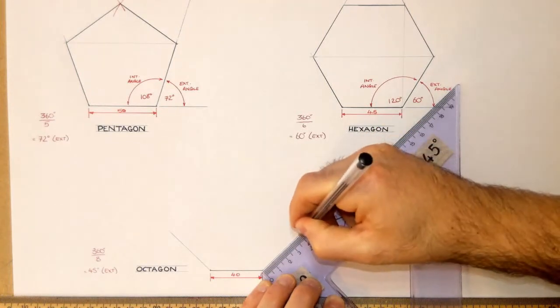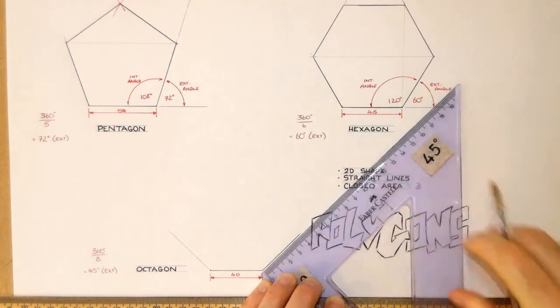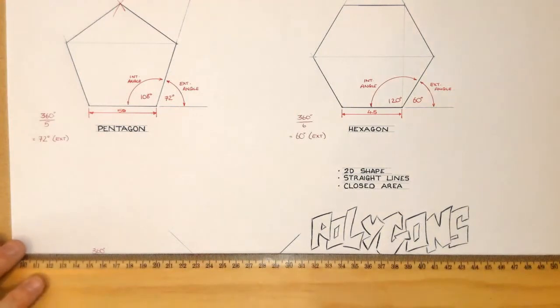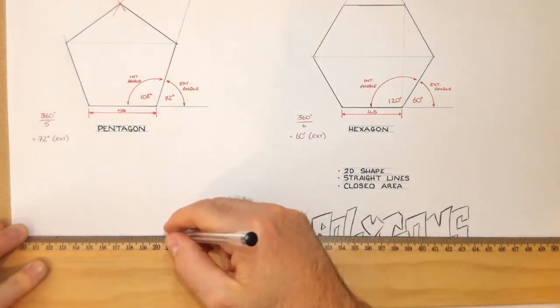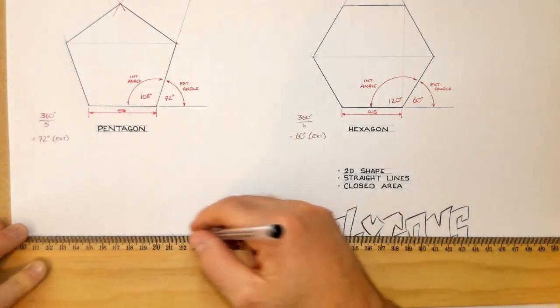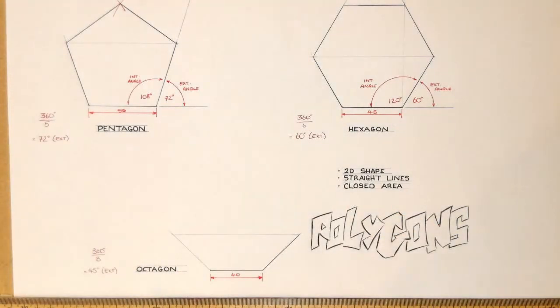It's right to there. Mark that down, and from there, rather than marking it again, could do a line across like this. That'll tell me the height on the opposite side.